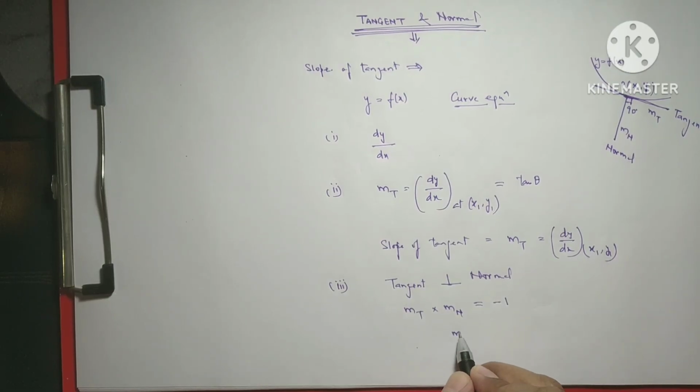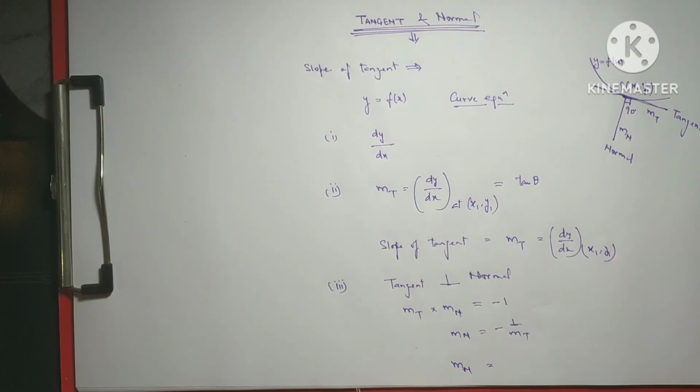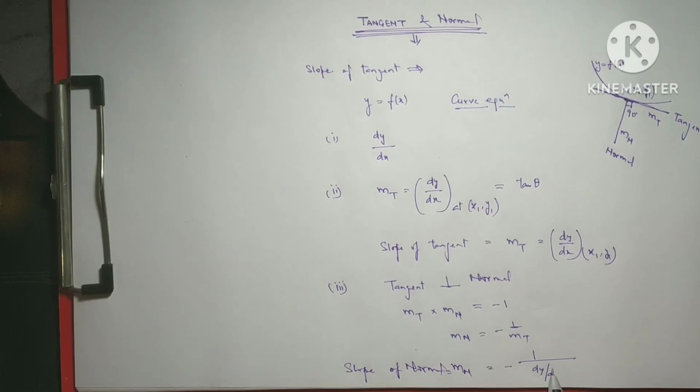That means mn equals to -1 over mt, or you can say mn, the slope of normal, is -1 over dy over dx at given point.